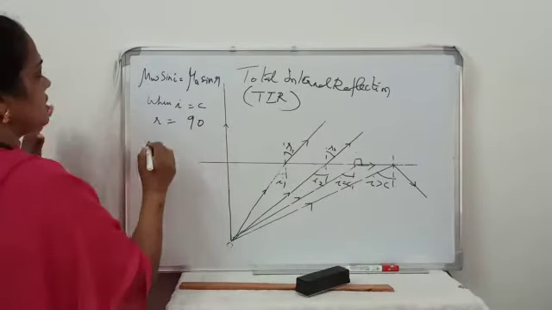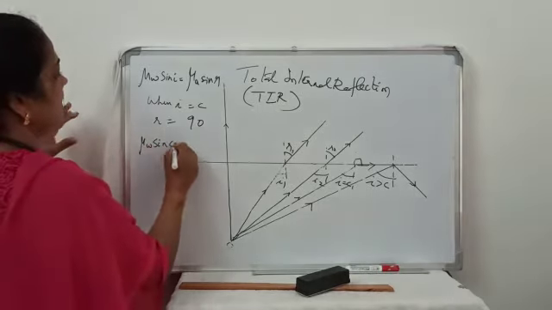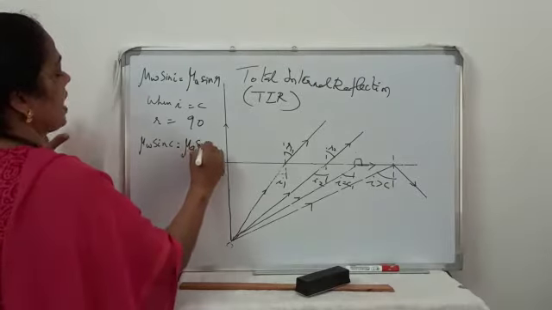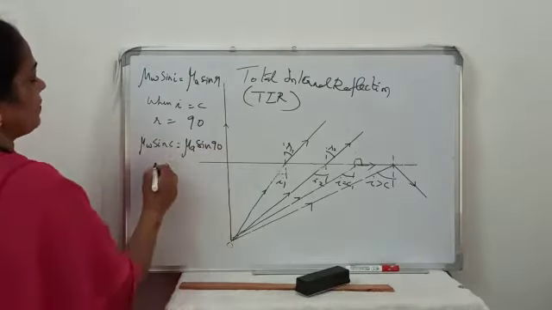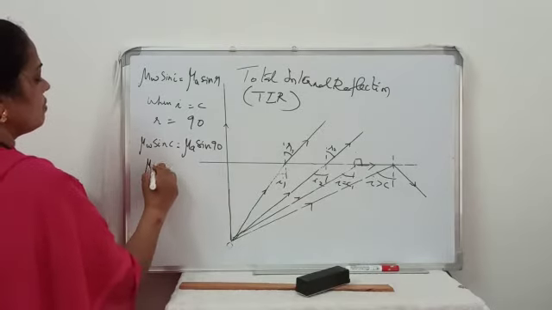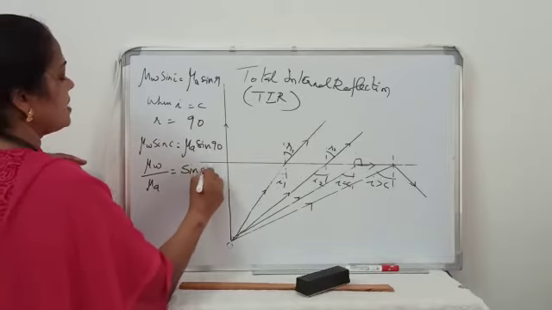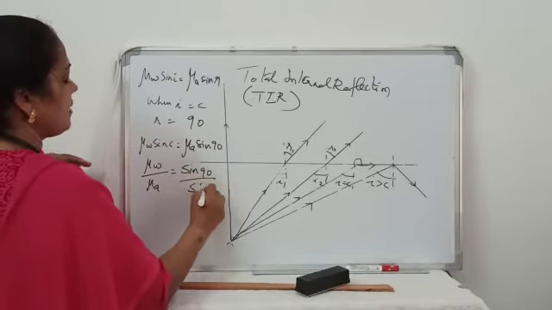So I substitute this and write mu W sine C equal to mu A sine 90, or mu W by mu A equal to sine 90 by sine C.